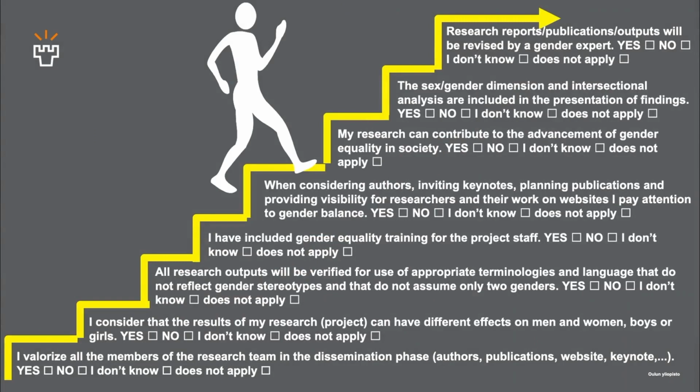There are statements such as I valorize all the members of the research team in the dissemination phase, authors, publications, website keynotes. It's possible to, in this sense, improve equality in career development.